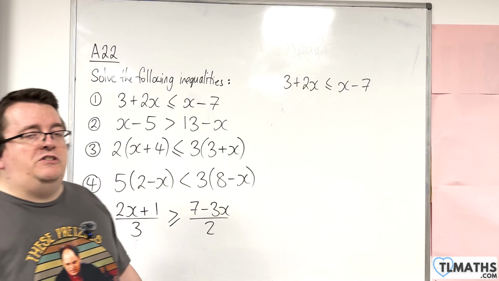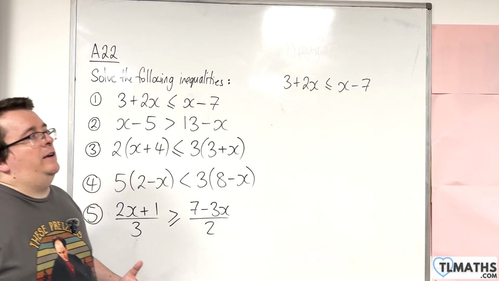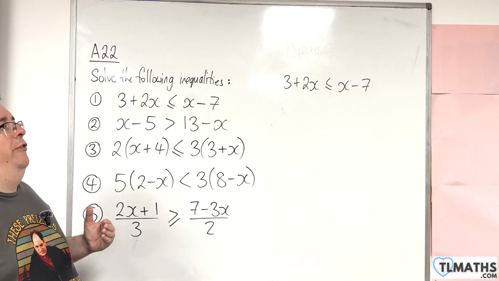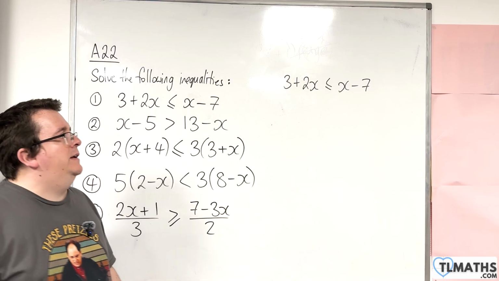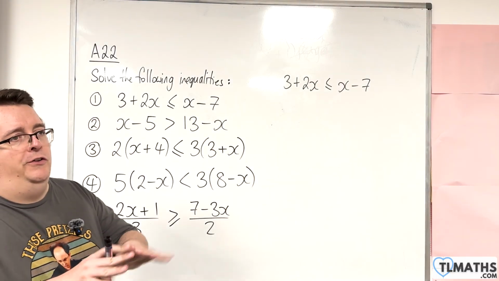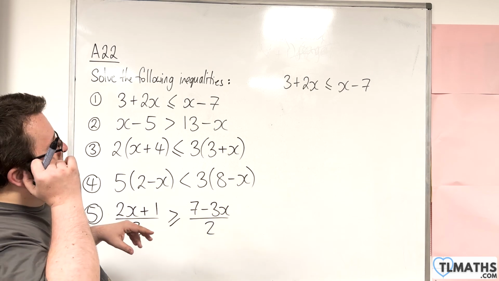So you could, for example, subtract 2x from both sides and you could get minus x on the right hand side. Personally, I don't want to have to work with that. I want to just get x by itself if possible, a positive x, okay? So the tactics that you use for solving linear equations is the same here.